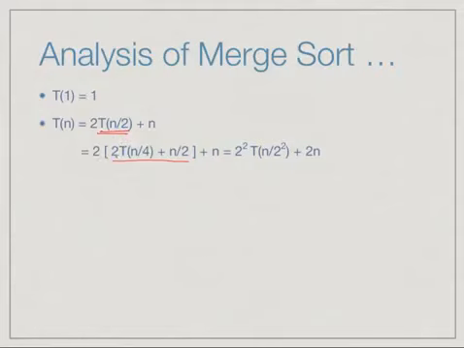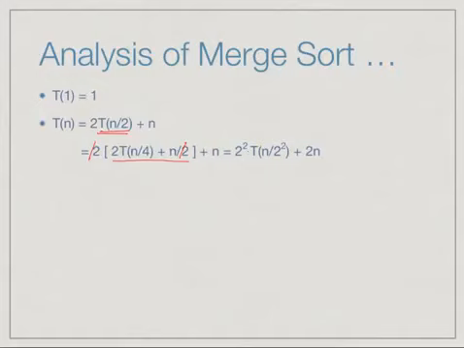And if we rewrite this, we write 2 times 2 as 2 squared, and we write this 4 as 2 squared, we will find that this is equivalent to writing it in this form, 2 squared times T of n by 2 squared. And now notice that you have 2 times n by 2 over here, right? So this 2 and this 2 will cancel, so you have one factor of n and another factor of n.